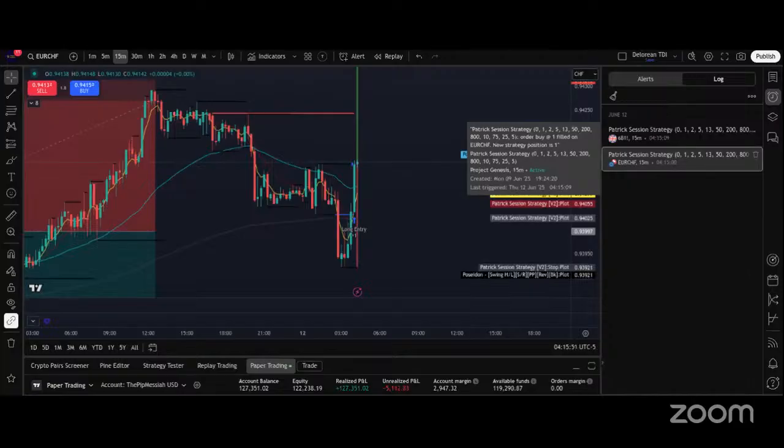You have a retouch of the 200, but it's a retouch to the bottom of the 200, which is almost nearly an indication that price is going to retreat to the south a little bit more.